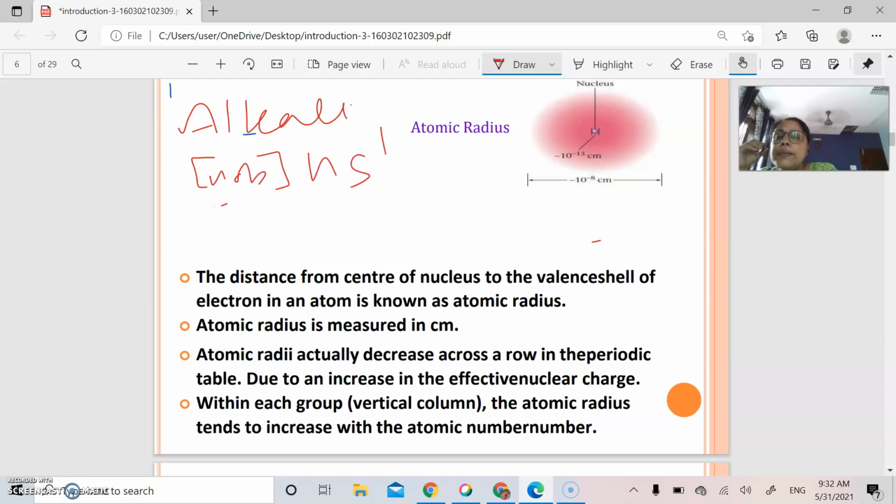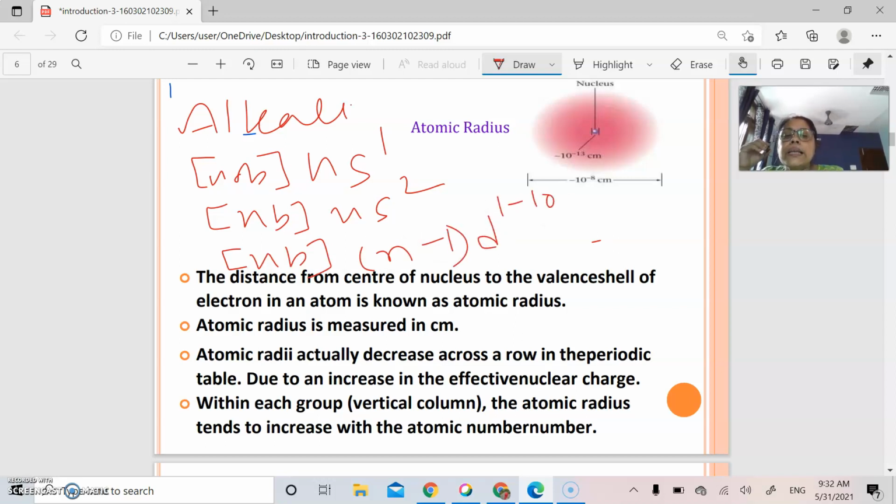For alkaline earth metal, again we will be having a noble gas configuration, and then that will be ns2. But for the transition elements, we will have a noble gas configuration, of course, but we will be having (n-1)d1 to 10 in the penultimate shell, and ns1 to 2 s electrons.